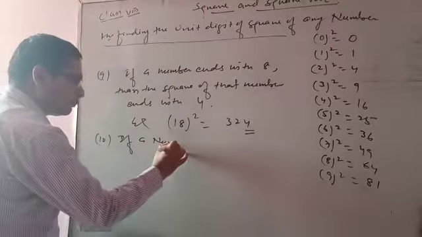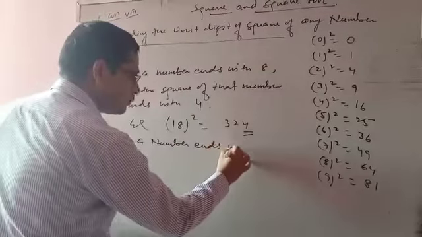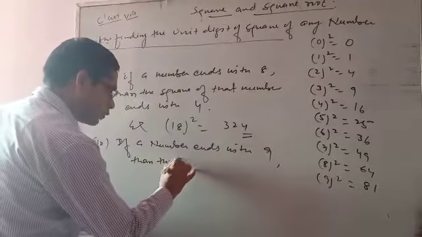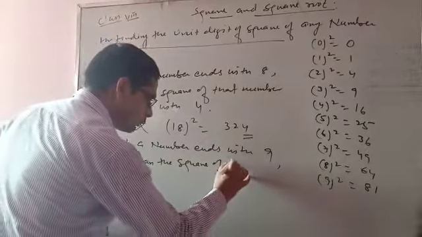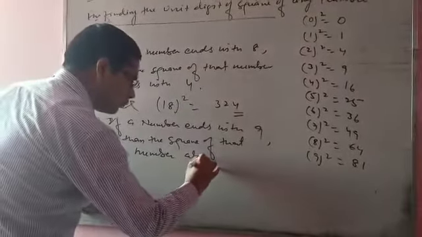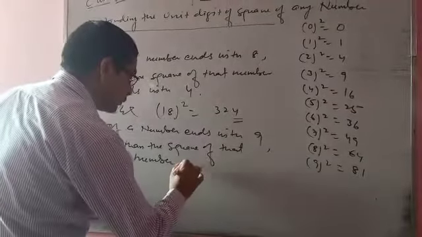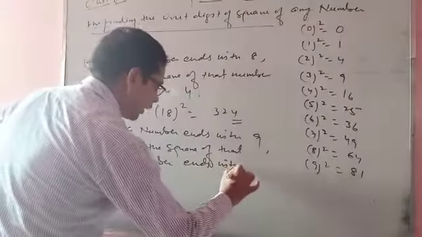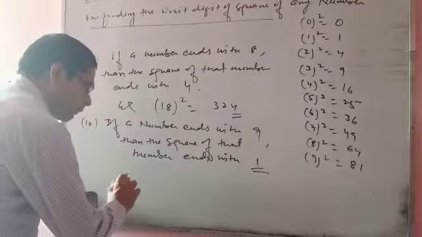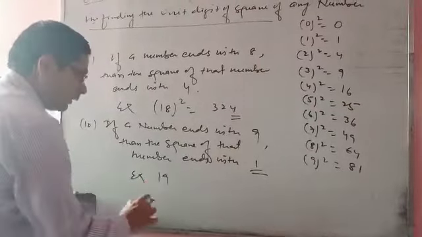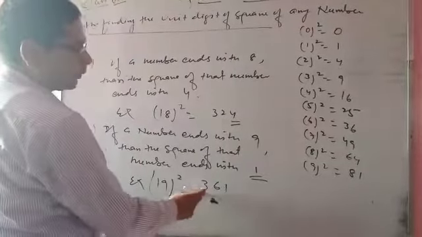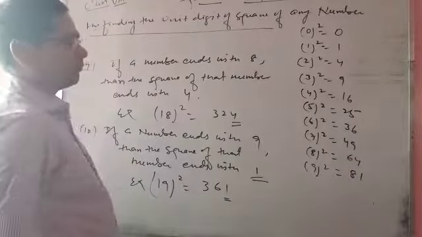If a number ends with 9, then the square of that number ends with 1. यदि किसी नंबर के लास्ट में 9 है तो उसका स्क्वायर, फॉर एग्जाम्पल 19 के लास्ट में 9 है, 19 का स्क्वायर करने पे क्या होता है? 361. सो लास्ट में क्या आएगा? 1.